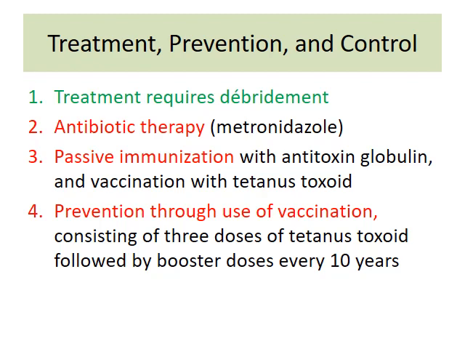So we have to make sure the toxin, while it's released, is being removed from the system. You don't expect it to stay for a longer time in the body. So this is the prevention. You have to have 3 doses of tetanus toxoid followed by booster doses every 10 years. So you can educate yourself and the patients. This is serious. We better get this toxoid every 10 years.